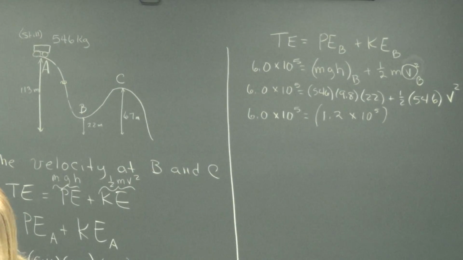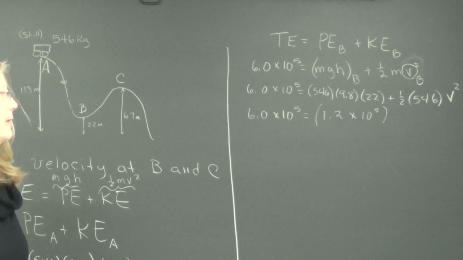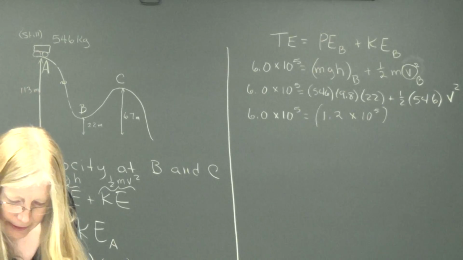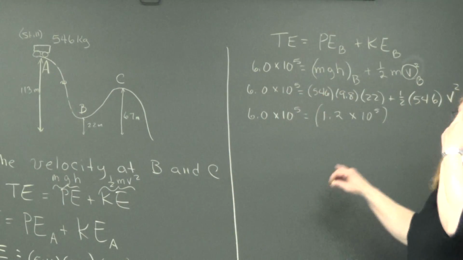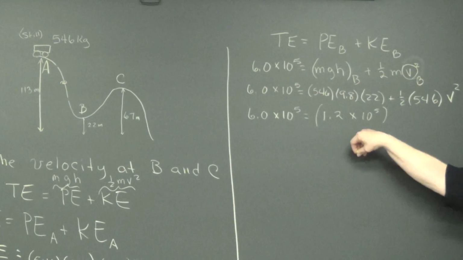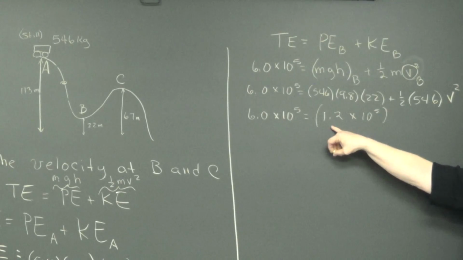Let me see. 546. You could do 1.2 times 10 to the 5th, yes. So we're going to have to do sig figs as we go. I'm sorry. But when we multiply this out, we're only allowed to use 2 sig figs.